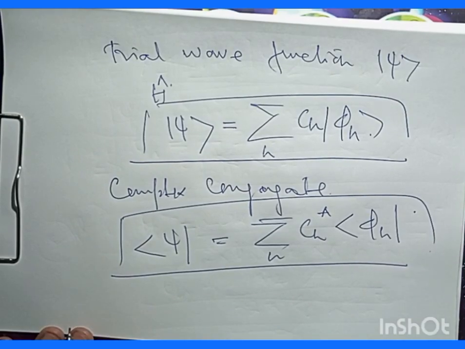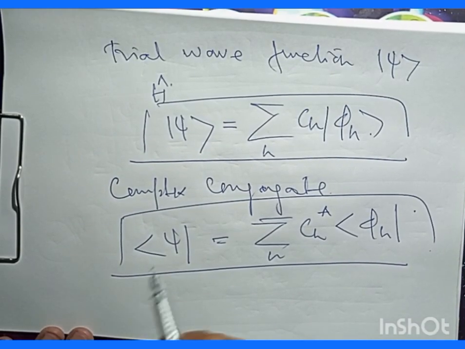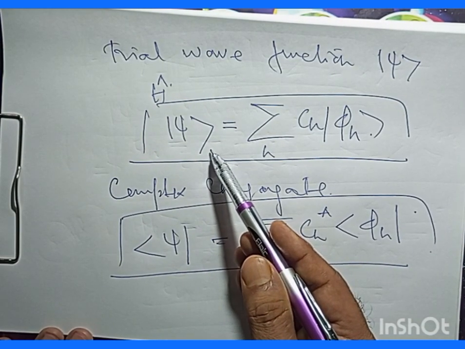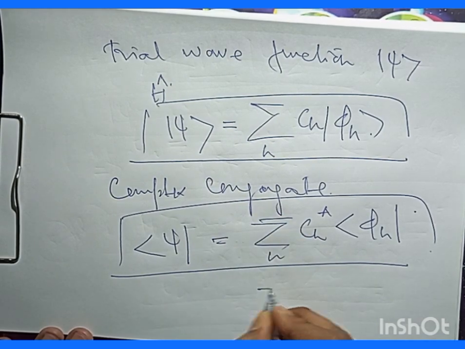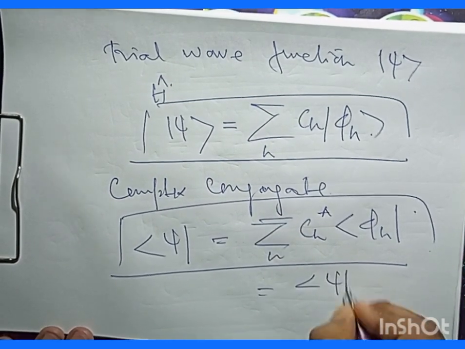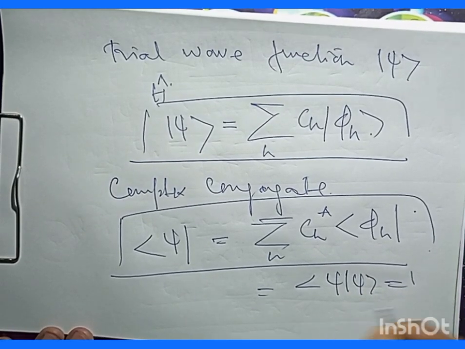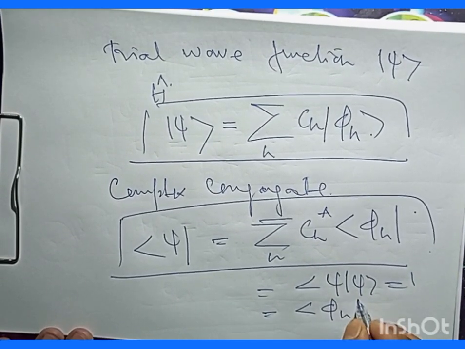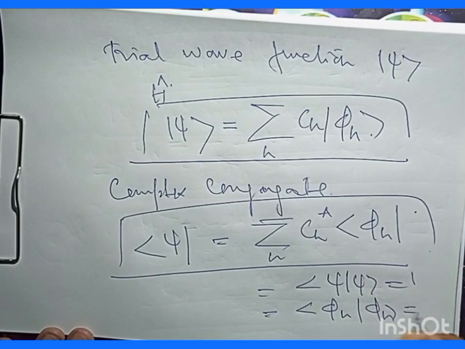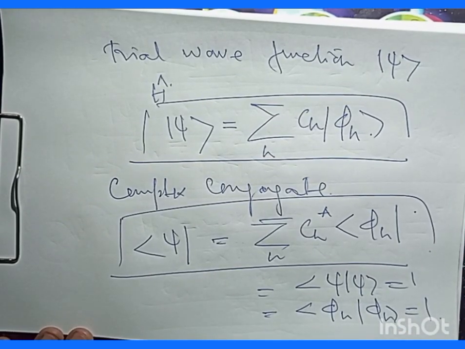All right, as we know that this wave function is normalized, the condition that <psi|psi> is equal to 1 should hold, and the condition <phi n|phi n> equal to 1 should hold.